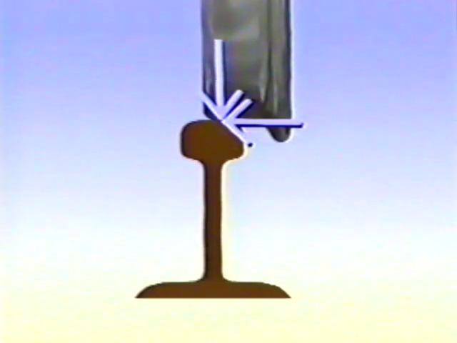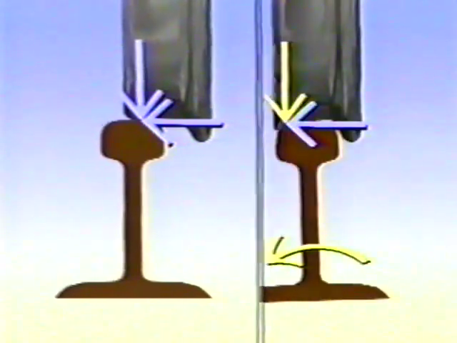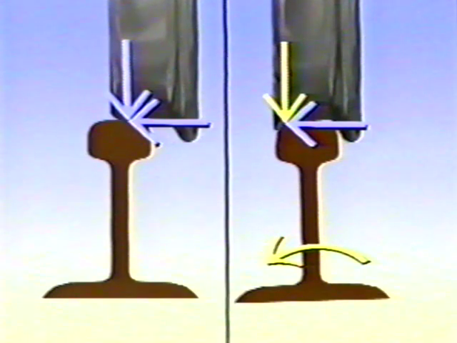Another factor that strongly affects rail rollover is the contact position between the wheel and rail. Compare the two wheel-rail contact positions shown. As the contact position between the wheel and rail moves toward the field side of the rail, the tipping movement applied to the rail changes direction to roll the rail outward.